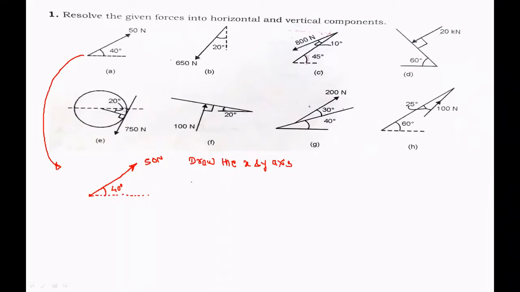Okay. So now we have to imagine this force whether it is in first quadrant, second quadrant, third, or the fourth quadrant. For that, draw the x and y axis. So we will consider the starting point as the origin, and with respect to this origin, construct x and y axis.